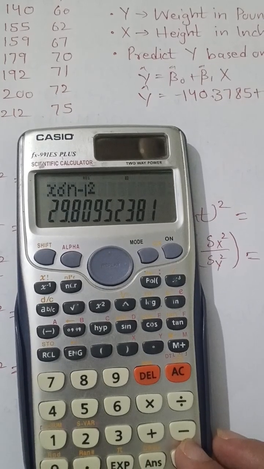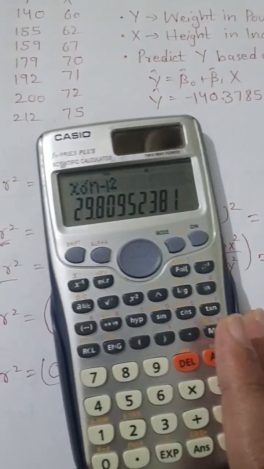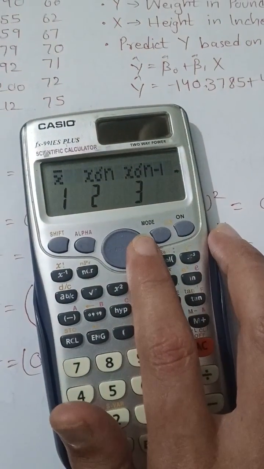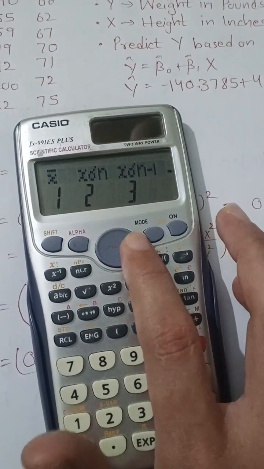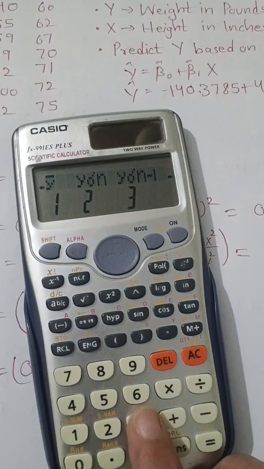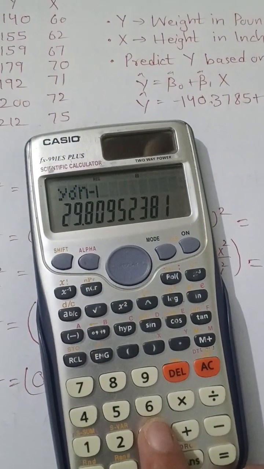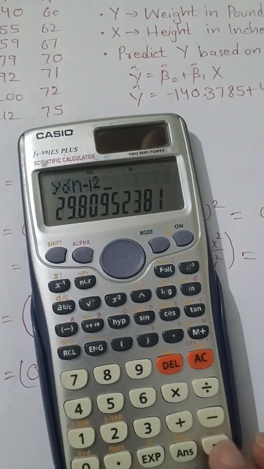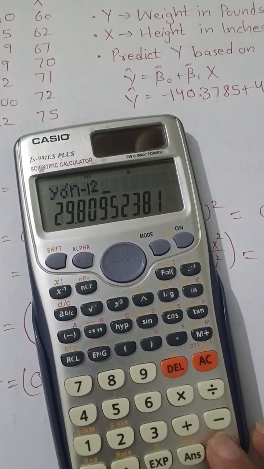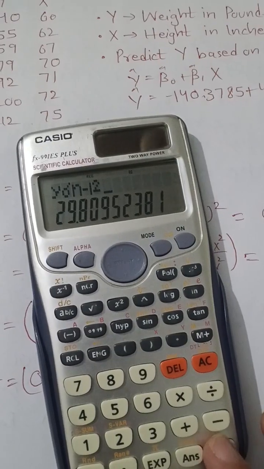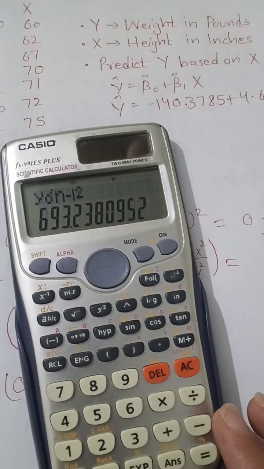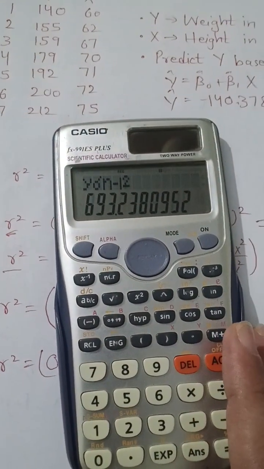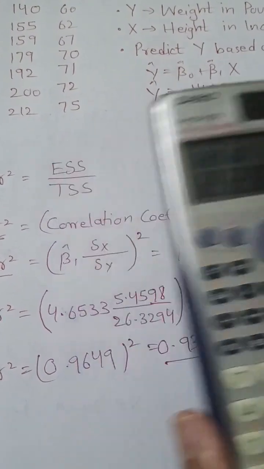This is the variance of x variable. Similarly, if you want to find the variance of y variable, press shift 2 and next, then press 3. This is the sample standard deviation of y. If you square it, you get the variance of y in the sample data, which is 693.23. So this is how you find these variances.